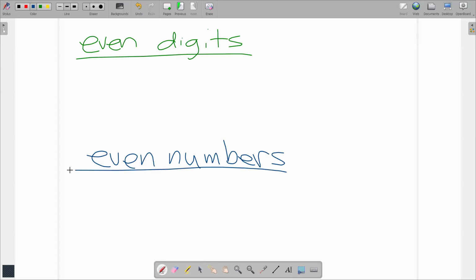Another set, even numbers. Write down what you think the even numbers are. Actually, I'm going to be a little more specific on the second one. I'm going to say even whole numbers.